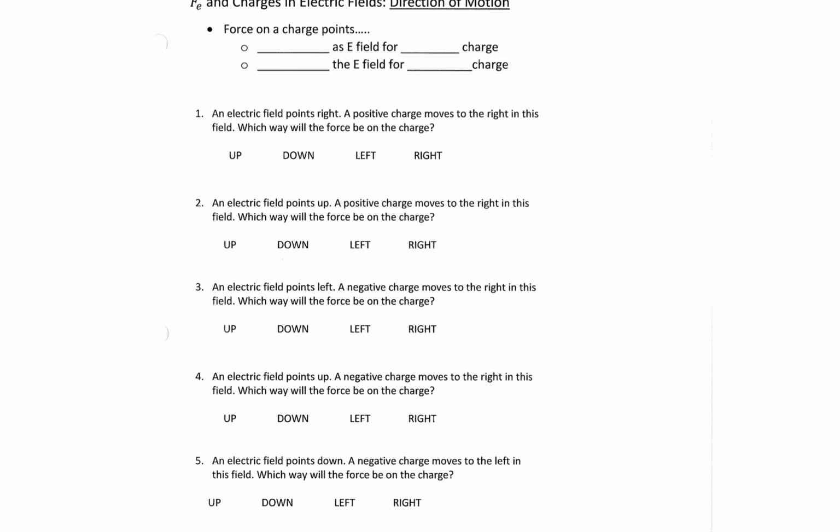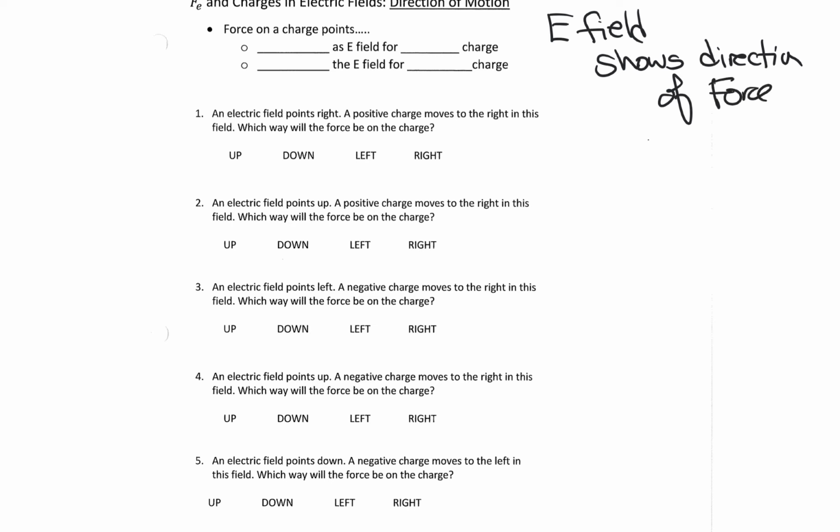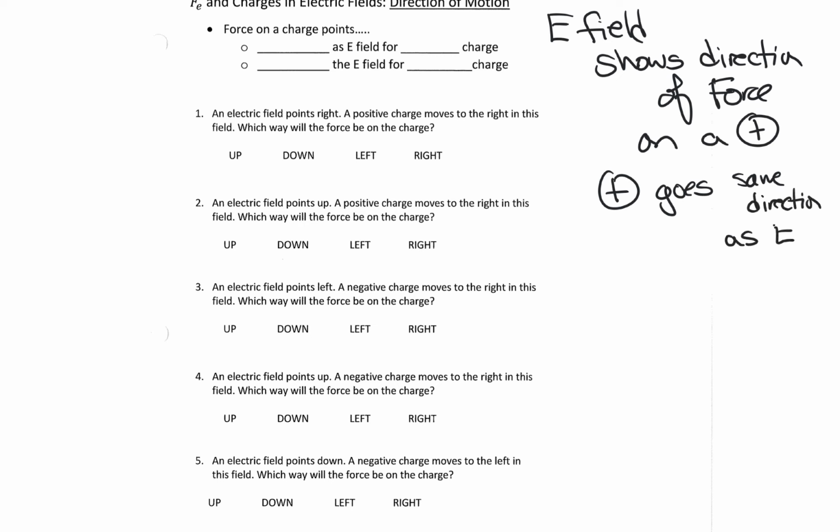Okay, so an electric field shows the direction of force, right? An E field shows the direction of force on a positive charge. So therefore, if you put a positive into an E field, you just basically say that a positive goes in the same direction as the E field.